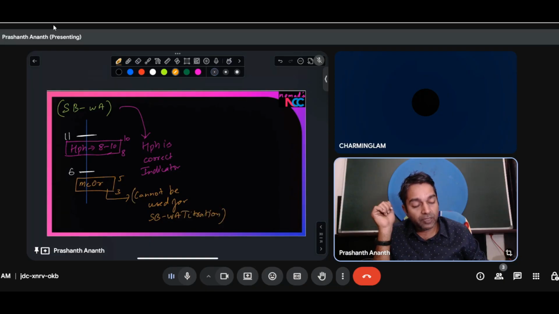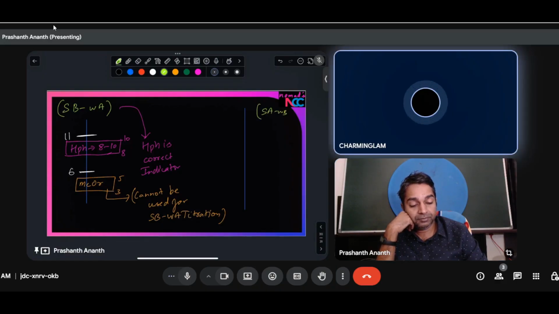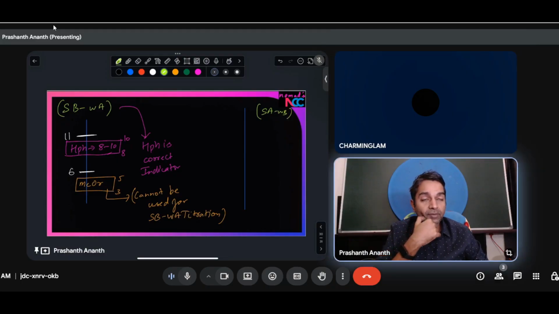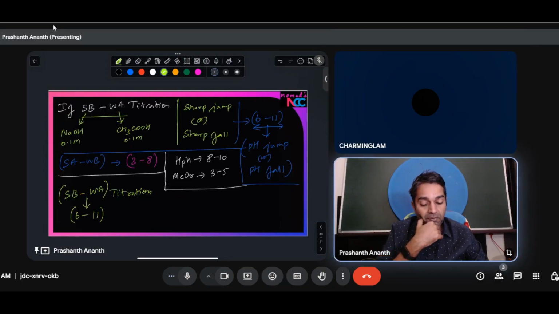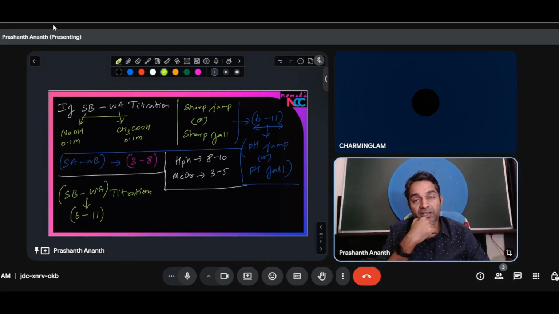In the same way, let's consider the other one, a strong acid, weak base titration. What is the jump or fall for that? It is there in this page.